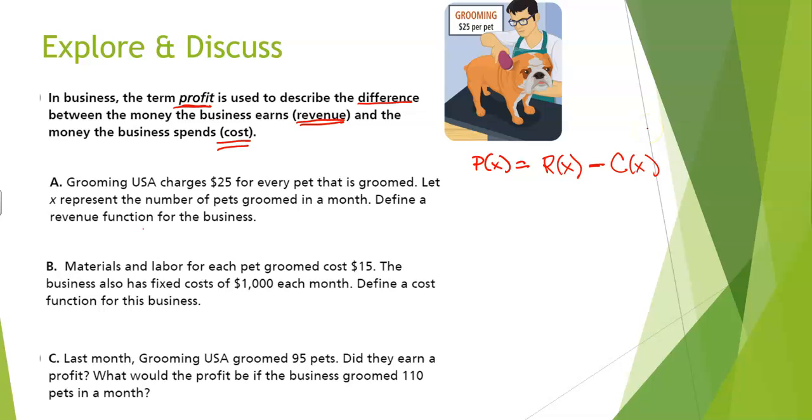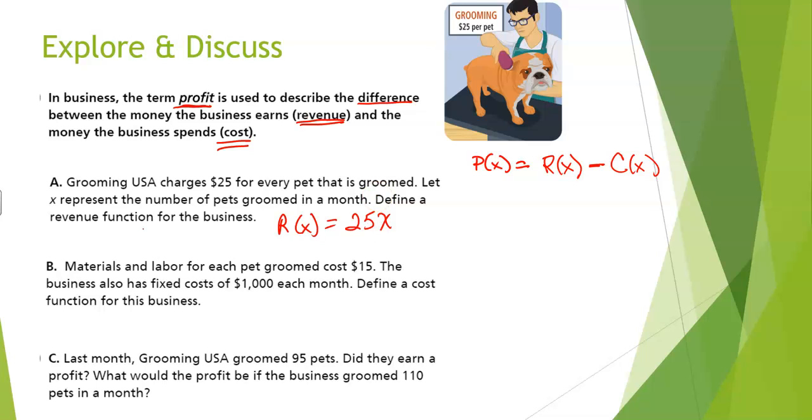In this case, we're going to make sure it does depend on x. All right, so we have a groomer that charges $25 for every pet that's groomed. x is the number of pets groomed in a month. Define a revenue function for the business. So revenue is R of x, and basically we'll get $25 for every pet that gets groomed. That's my deal.